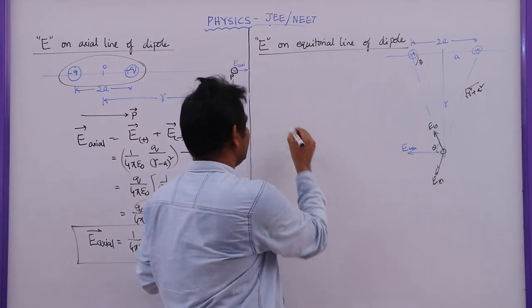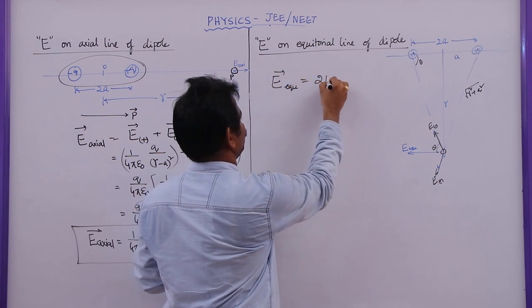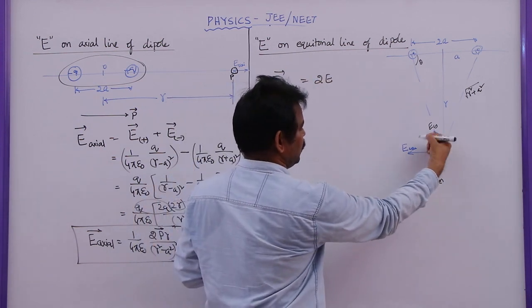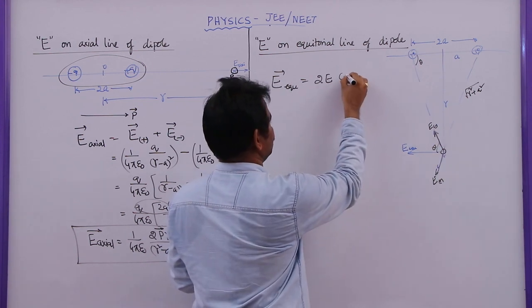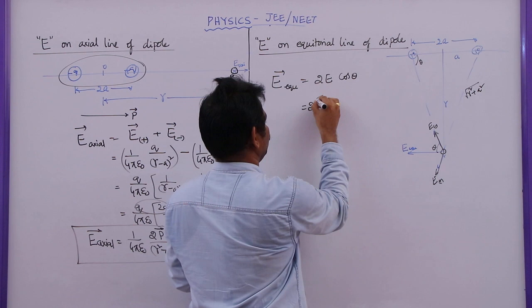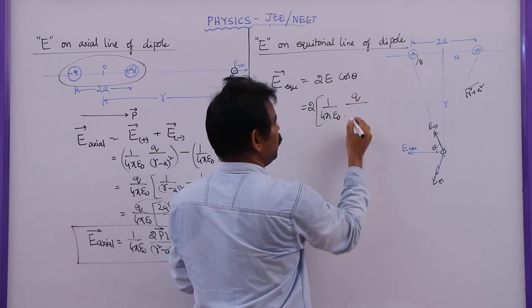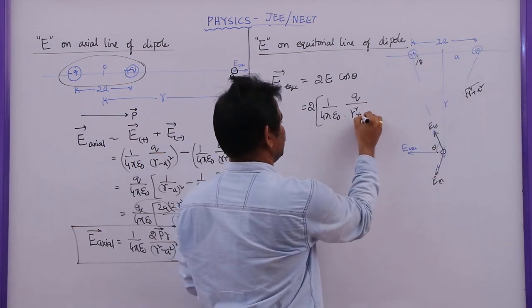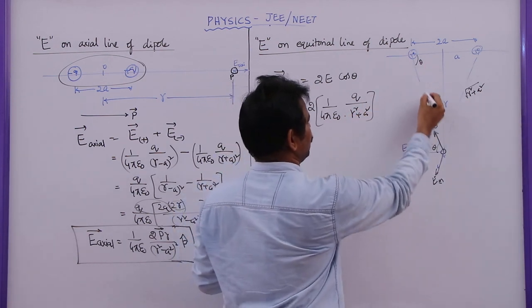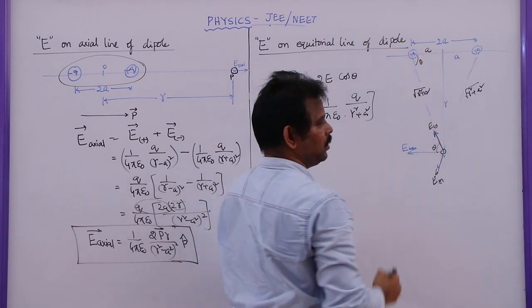So here the net electric field, electric field on equatorial line is given by 2E cos theta, as E sin theta components will cancel each other. This will be 2E cos theta, 2 into 1 by 4 pi epsilon naught, the charge q by (root over R square plus A square) whole square, which will become R square plus A square only. And here cos theta is given by A, half of the arm of the dipole, by root over R square plus A square.